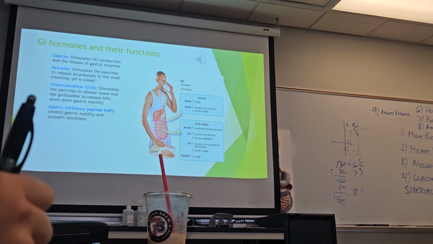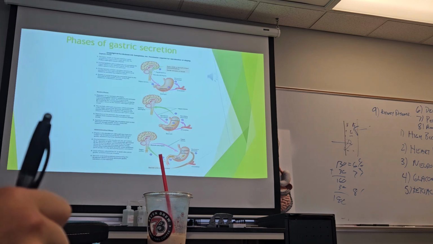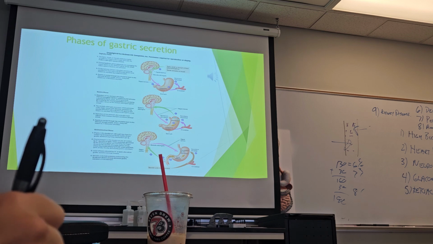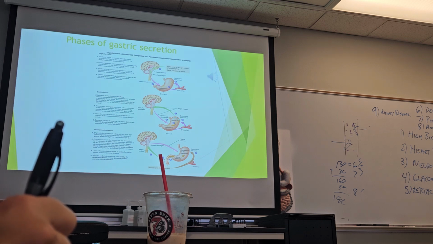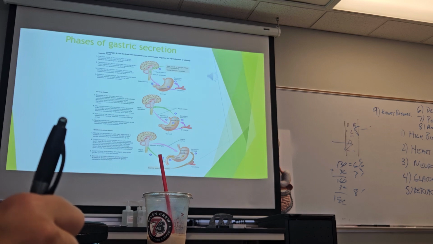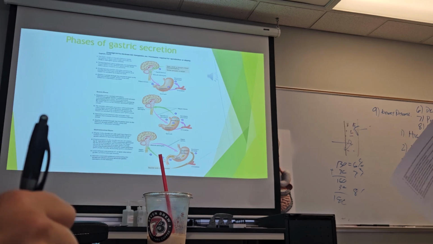The 3 phases of digestion. I just saw those right there. Cephalic, remember, is head. It's the sight, smell, thought of food, and it starts all your secretions. The gastric phase is based on distension of the stomach, so it's that feedback loop.